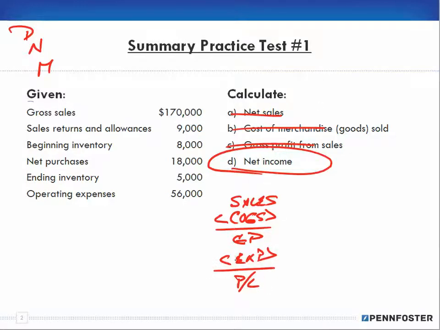And as we work through this problem, I would have to first figure out what my net sales were, and we ended up with 161,000, and that was A. And then from there, I'd have to figure out what my cost of goods sold was. So I can plug that in from the data that we're being given.